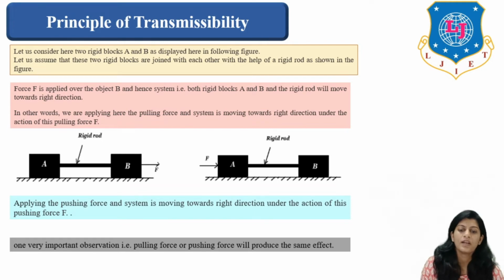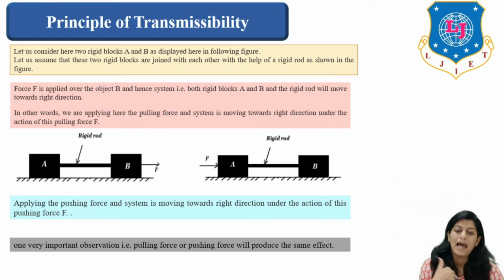Now, let us apply force F over the object B, and hence the system, that is both the rigid bodies A and B and also the rigid rod, will move toward the right direction. If I apply force in the direction of this body B, both the bodies A and B along with the rod will move in the direction of the applied force.